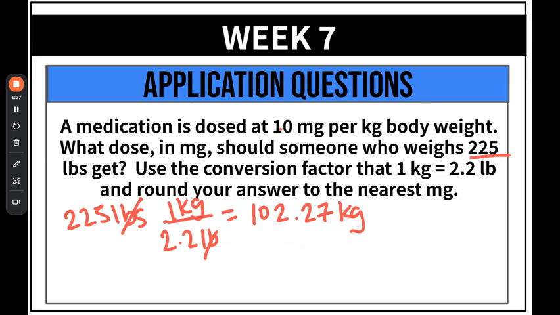So let's look at the medication. It's dosed at 10 milligrams per kilogram of body weight. So let's take what we've got, the kilograms of body weight. And for every 1 kilogram of body weight, they need 10 milligrams of the medication.